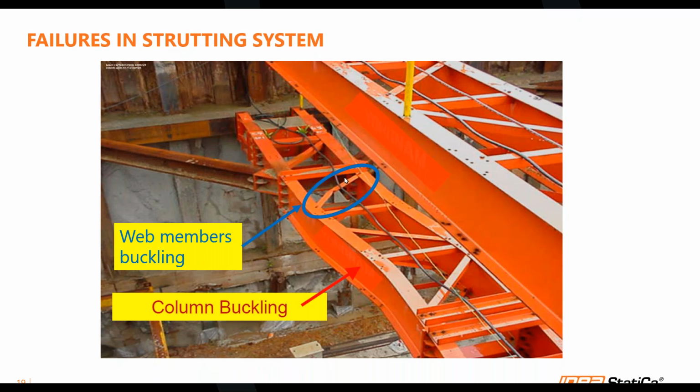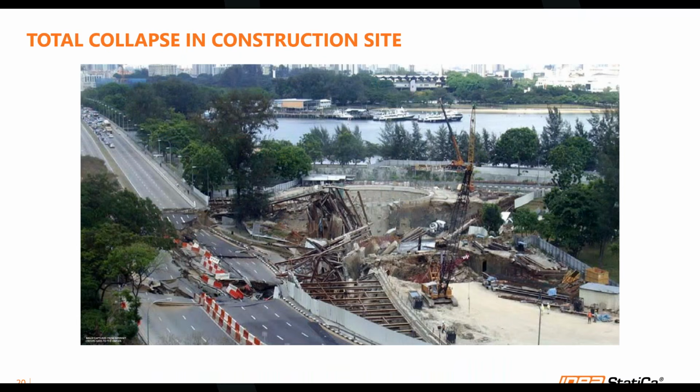If you check this with the Member application, you will not have issues. You can clearly see which members are failing. And if you don't consider some of these failures, then there could be a possible collapse that would happen at the construction site.